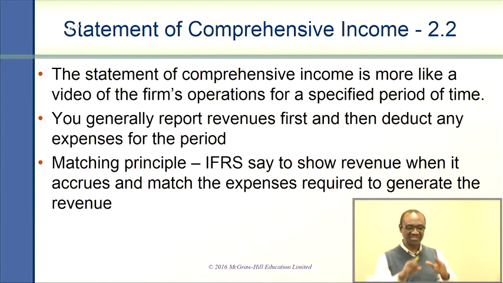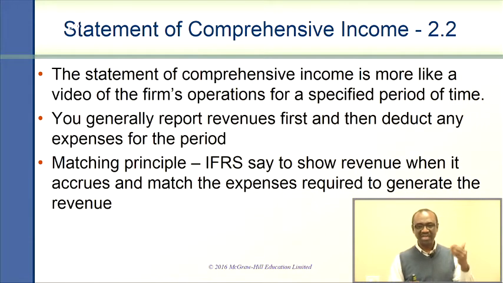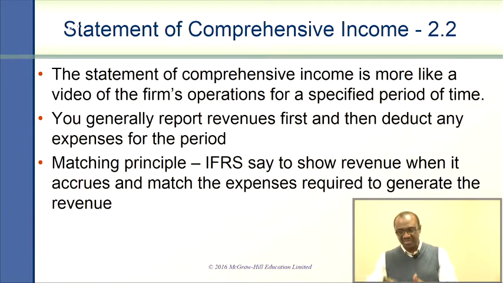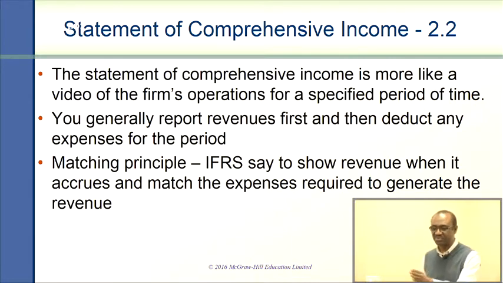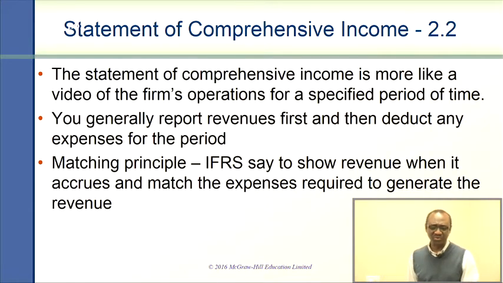So, which means this statement reports the revenue company generates in its regular normal operation. Okay, and then we subtract the expenditure which were incurred in generating this revenue. Again, with the IFRS rule, identify matching principle.